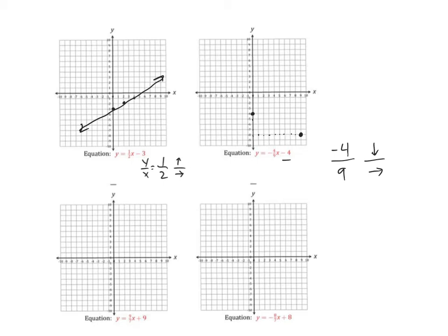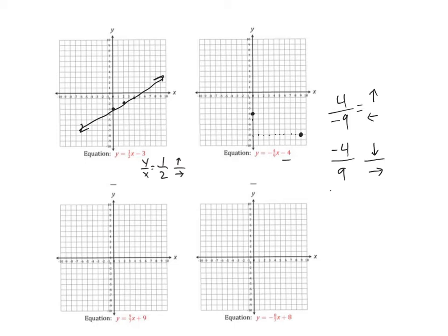Or I could switch this and say +4 over -9. All I did, because remember, if both of these numbers were negative, it would be positive, so it can go in either one, and this would be up 4 and left 9.